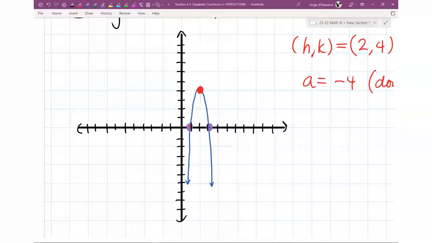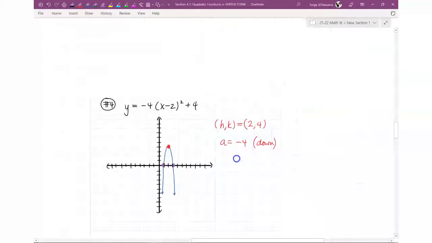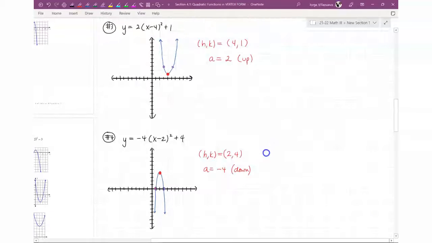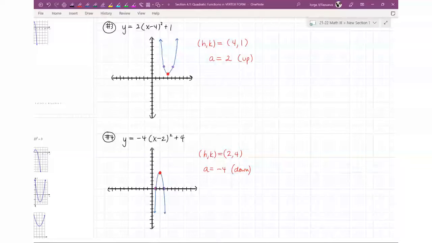Okay? Now, let me zoom out really quick so I can show you 2 graphs at once. All right, so let's look at question number 3 really quick. You see how question number 3 opens up? That means I can call my vertex, this point, a minimum, a low point.